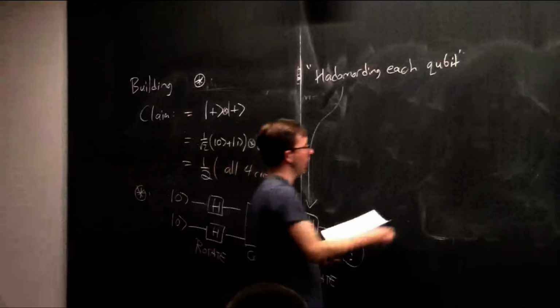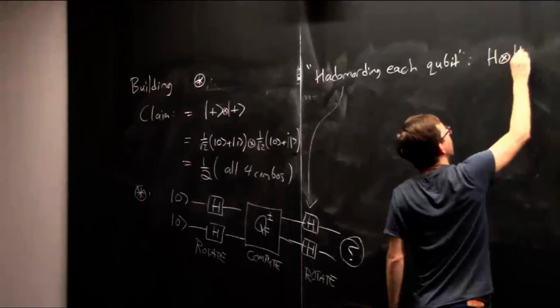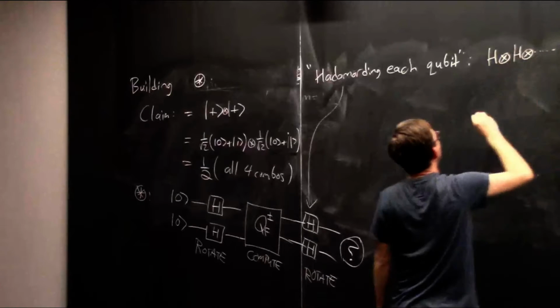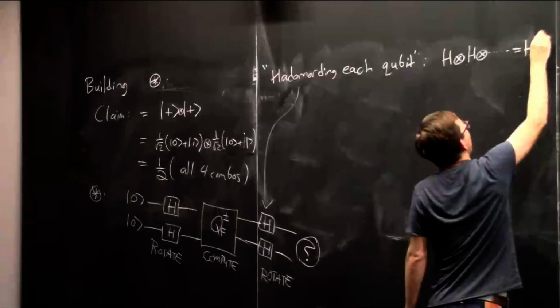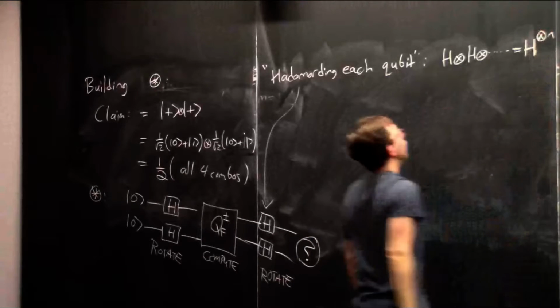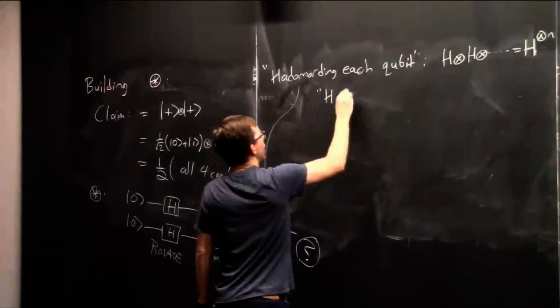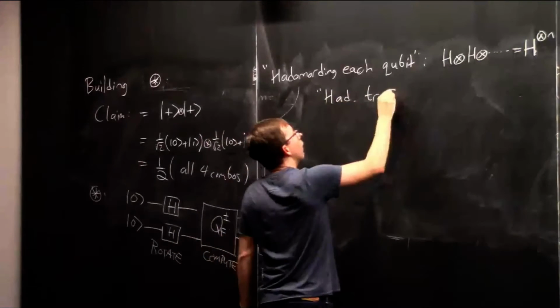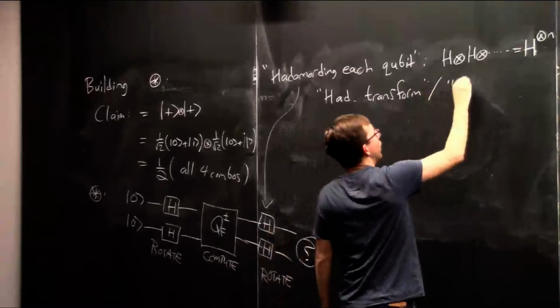So Hadamarding each qubit, or applying H tensor H, etc., which sometimes we write as H to the tensor power n if there are n qubits, is the Hadamard transform, or the Boolean Fourier transform.